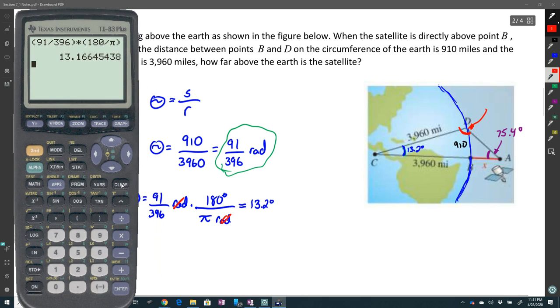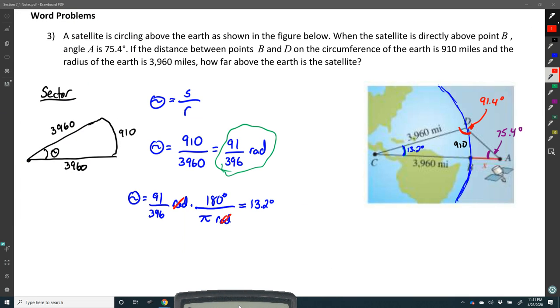I just do 180 because it's a triangle minus 75.4 minus 13.2, 91.4. All right. And so now I can use the law of sines to finish my problem.